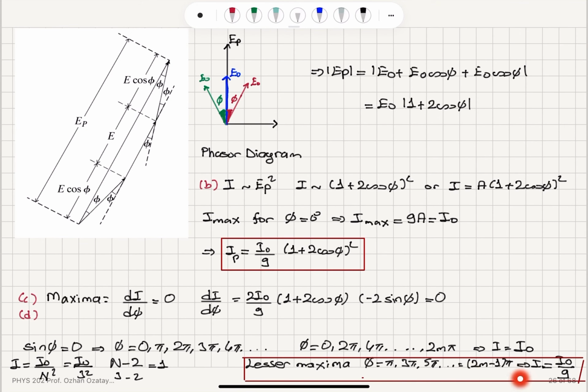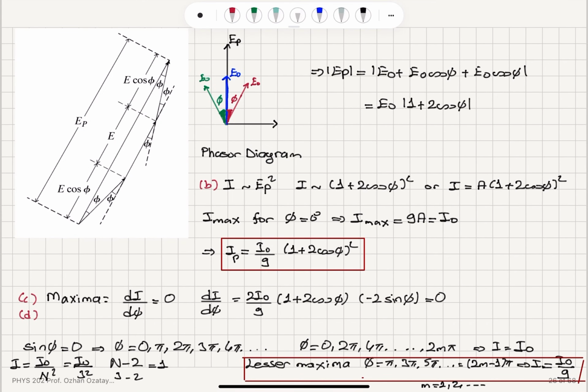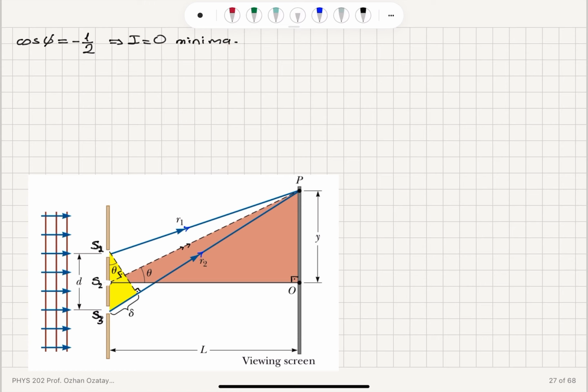Those are (2m minus 1) pi, where m is an integer, so m is 1, 2, etc. And then the intensity at the lesser maxima in terms of I0, in part D, we have found to be I0 over 9. If we substitute the phi values into the intensity at P, we obtain I0 over 9. And also 1 plus 2 cosine phi equals 0 gives us the minima.